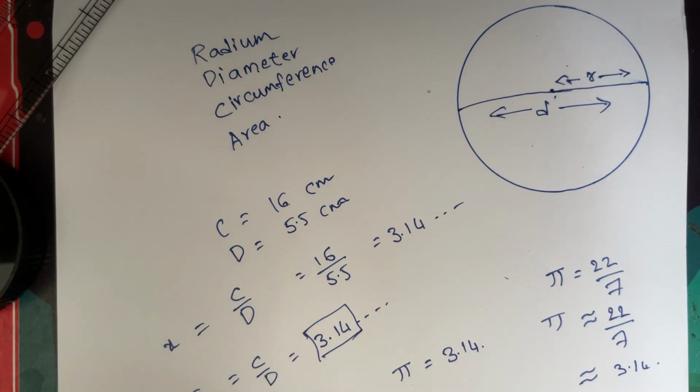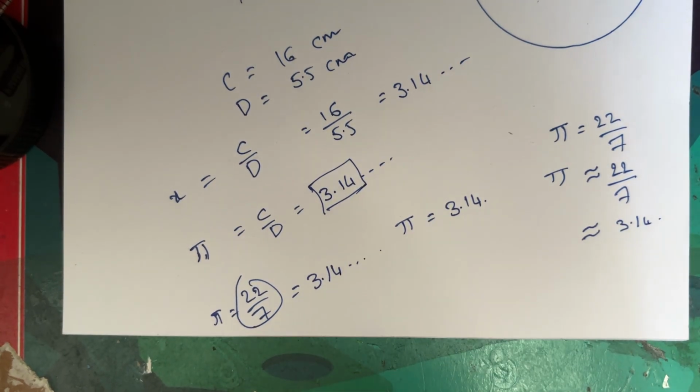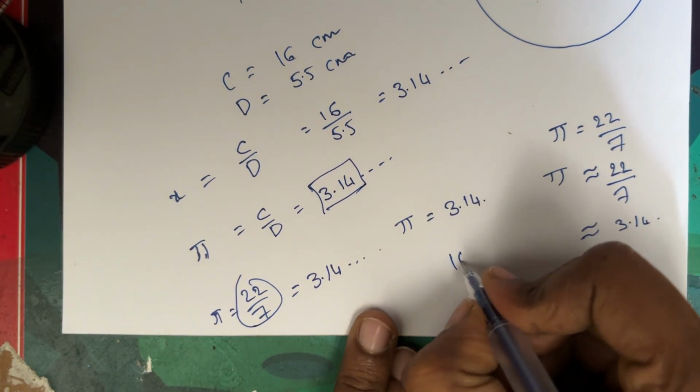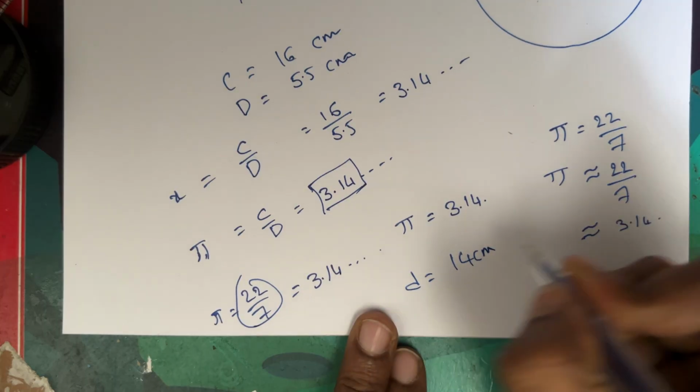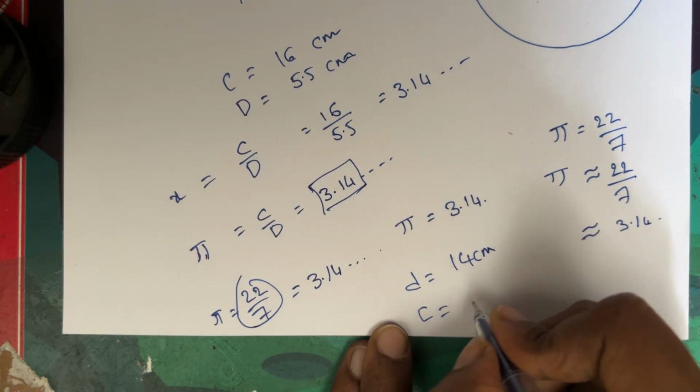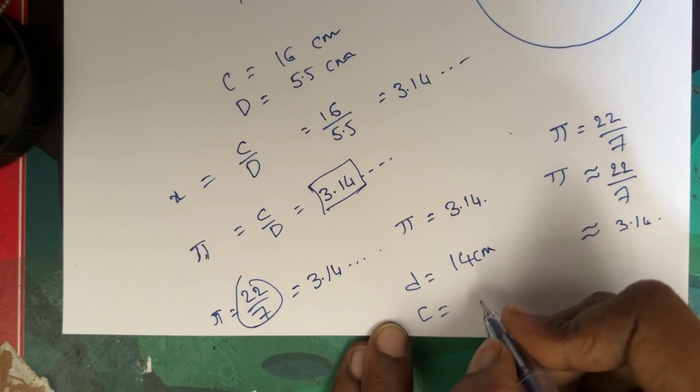Now let's go with one more real-time example. Suppose the diameter of your wheel is 14 centimeters, and we need to calculate the circumference. C equals, we all know the formula for circumference, pi d.